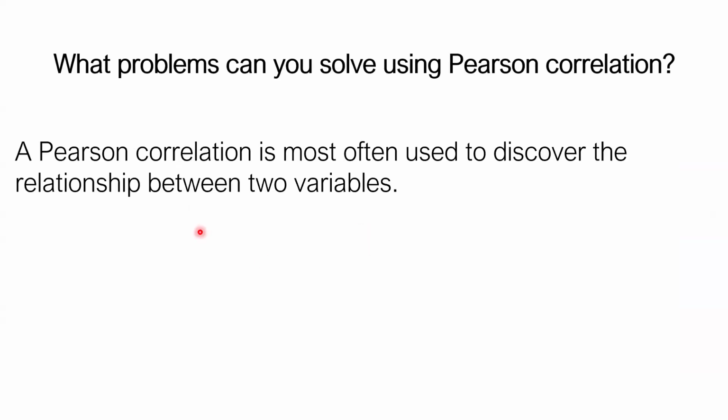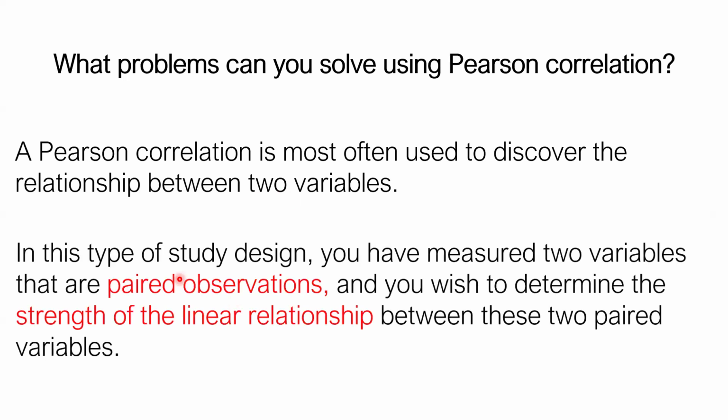Now, what problems can you solve using the Pearson correlation? A Pearson correlation is most often used to discover the relationship between two variables. And in this type of study design, you have measured two variables that are paired observations, and you wish to determine the strength of the linear relationship between these two paired variables.